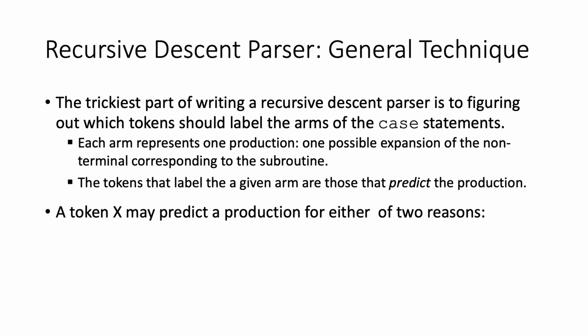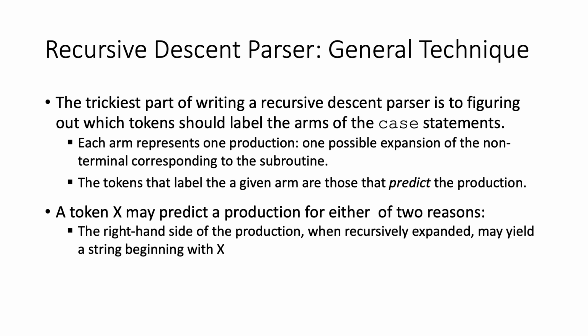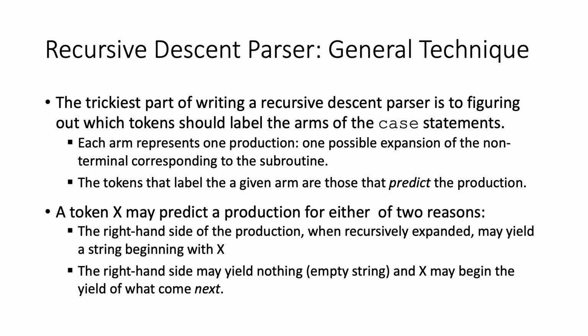A token X may predict a production for either of the two reasons below. One is that the right-hand side of the production, when recursively expanded, may yield a string beginning with the token X. The other reason is that the right-hand side of the production may yield nothing, that means the empty string, and X may begin the yield of what comes next.